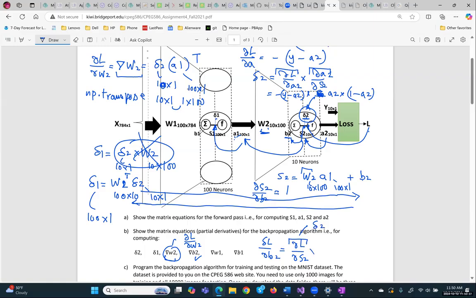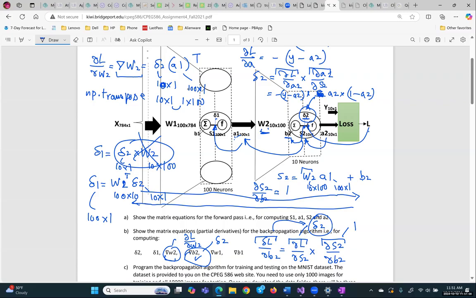Then we are multiplying it by partial S2 over partial B2. And what did we just find out? What is this? 1. So isn't partial L over partial B2 the same as delta 2? So the answer is delta 2.